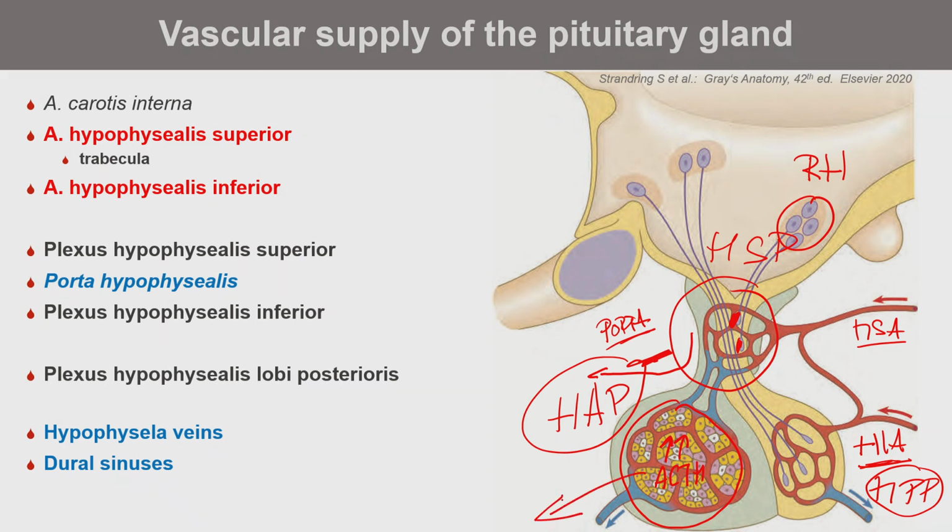So this is a cascade which is used in production of adenohypophysis hormones.